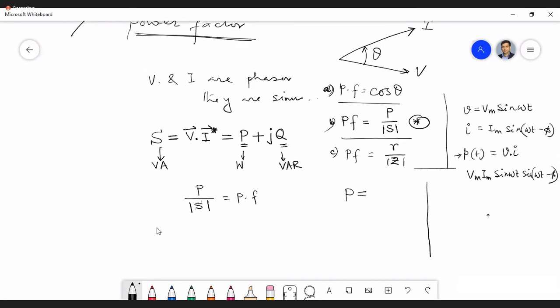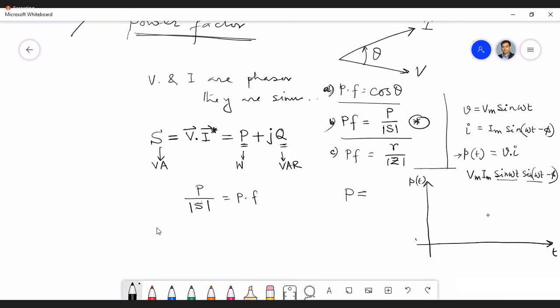Okay, and if we do that, can you tell me what type of curve we will get out of it? Suppose we want to plot this p(t), the instantaneous power, then what type of curve should we get?